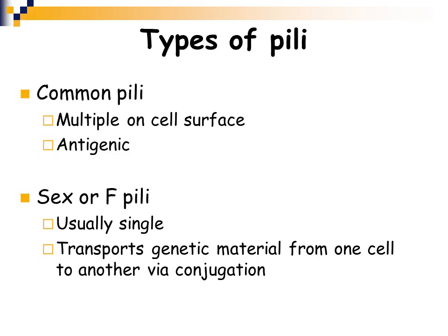There's another type of pilus that has a very different function, and this is called either the F pilus or the sex pilus. Usually there's only one. Unlike the common pili that are all over the cell surface, there's only one F pilus. What happens with the F pilus is it will come out of one cell and attach to a neighboring cell, and the reason for that is it can give the other cell its genetic material.